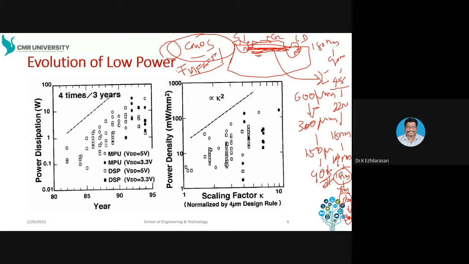Many different types of adders are there, for example ripple carry adder, carry lookahead adder, Manchester carry chain adder, carry skip adder, carry save adder. So many adders are there. Any adder you take, an 8-bit adder, we need to perform an 8-bit addition.